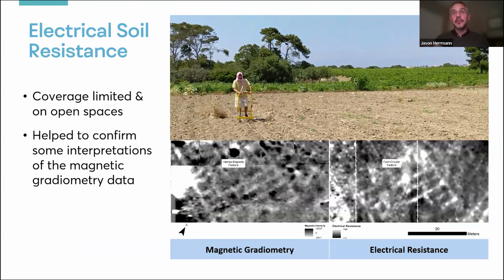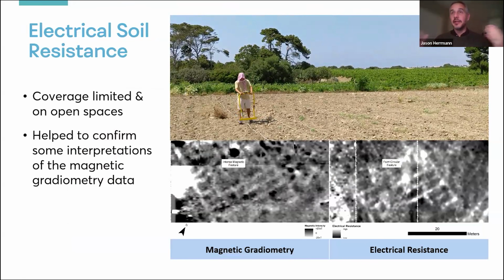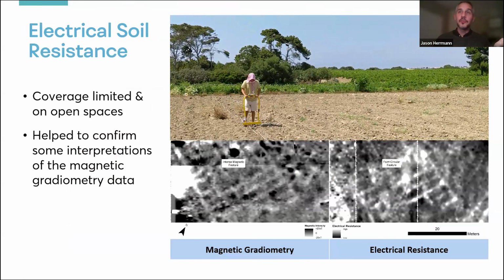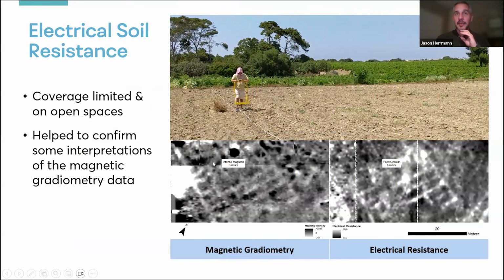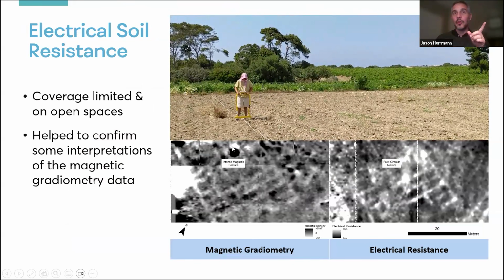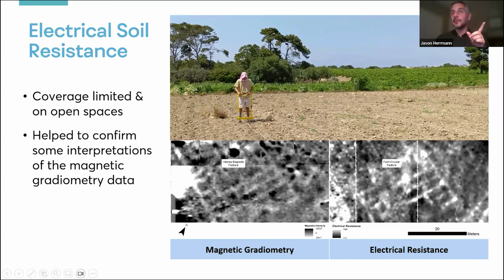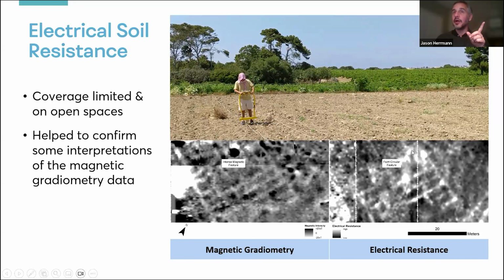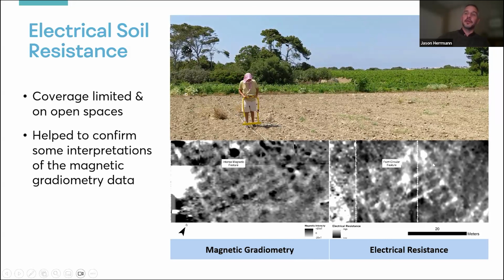We use this and the radar not just to extend the magnetic survey outside of places where we couldn't work, but to confirm some of our interpretations, like this intense magnetic feature, which we were unsure if it was on the surface or buried, but here we can see it was probably the location of a kiln or an oven near the middle of this building.